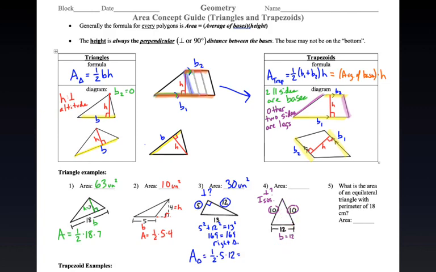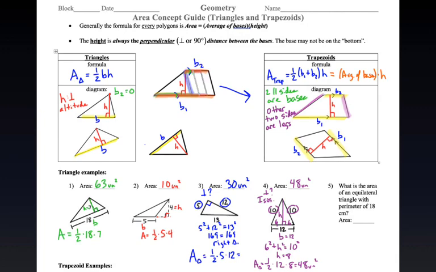The 12 becomes 6 and 6, and then you use the Pythagorean theorem: 6 squared plus the height squared equals the hypotenuse, in this case 10 squared. The height is 8, so we had to use the Pythagorean theorem to calculate it. 1/2 times 12 times 8 is 48 units squared.